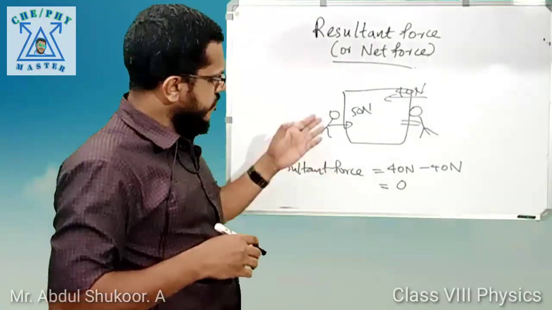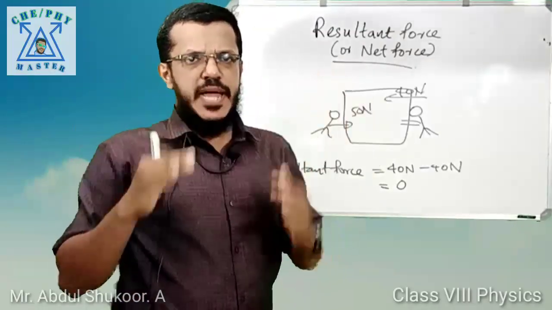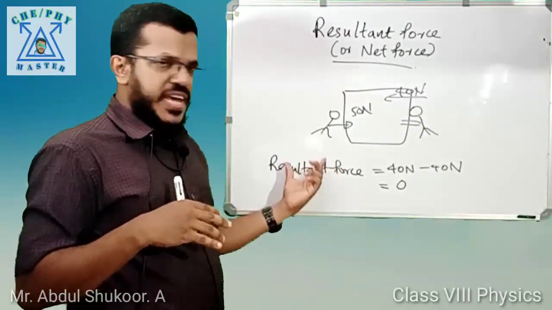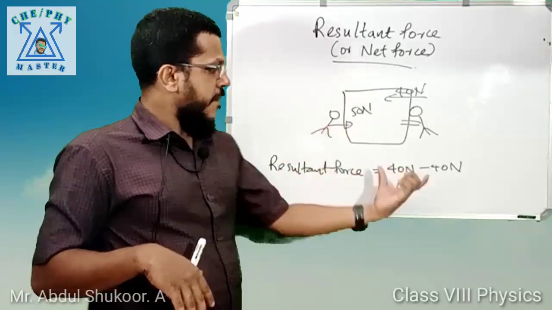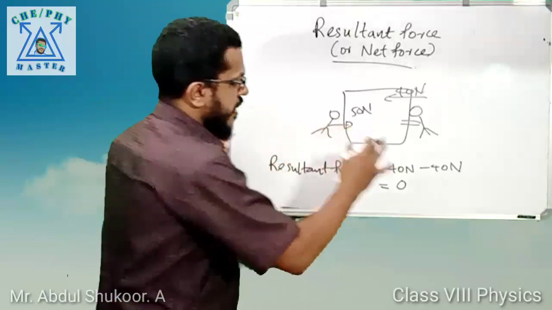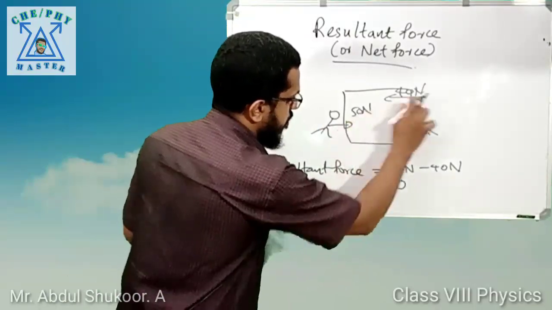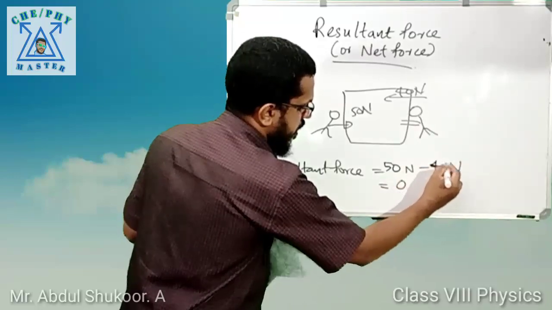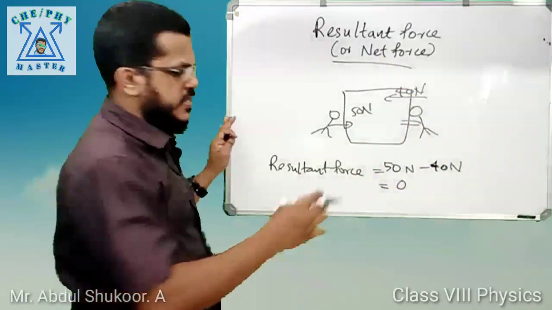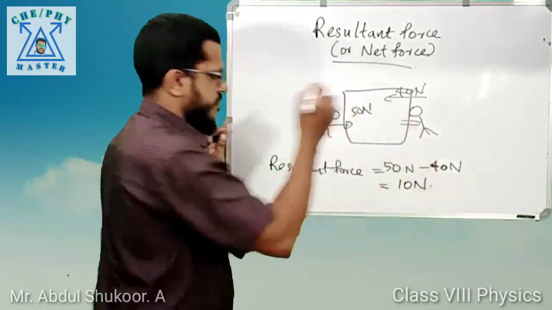Here also the two forces are acting in opposite directions. That means we can calculate the resultant force by taking the difference of these forces. That means here 50 Newton minus 40 Newton, so the resultant force is 10 Newton.